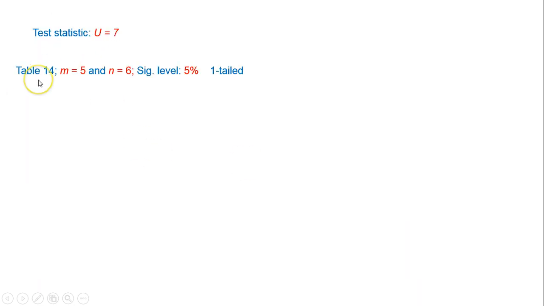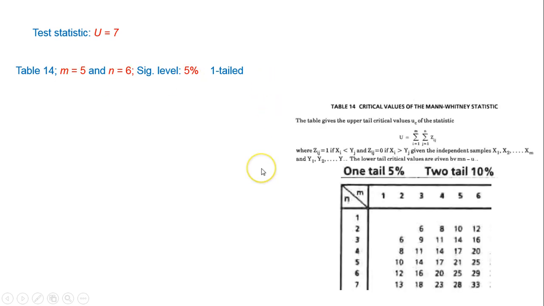So we're looking at table 14, with m as 5, n as 6, and 5% level one-tailed. There are different tables for each requirement. So one-tailed, m is 5, n is 6, so we get 25 as our critical value.